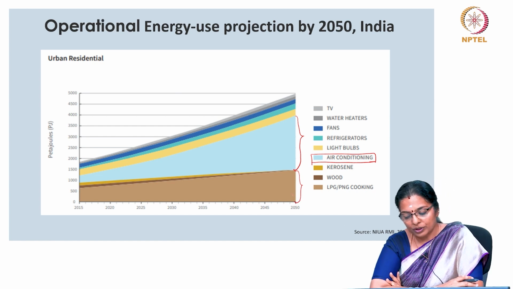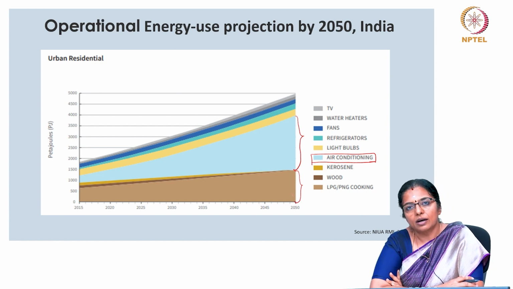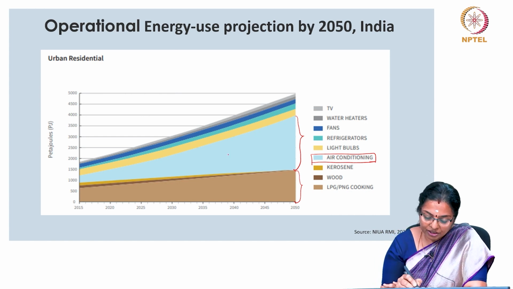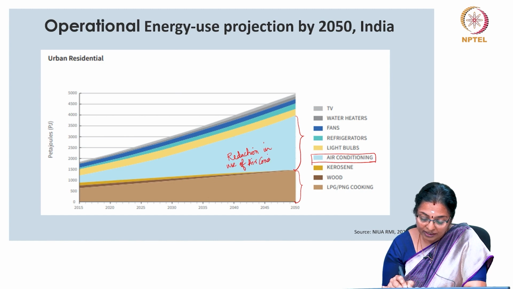If we need to target operational carbon emissions, we need to target reduction in the use of air conditioners. That is going to be a key.